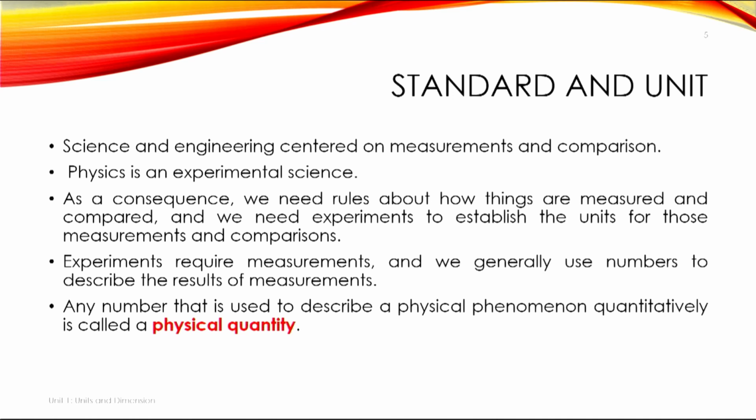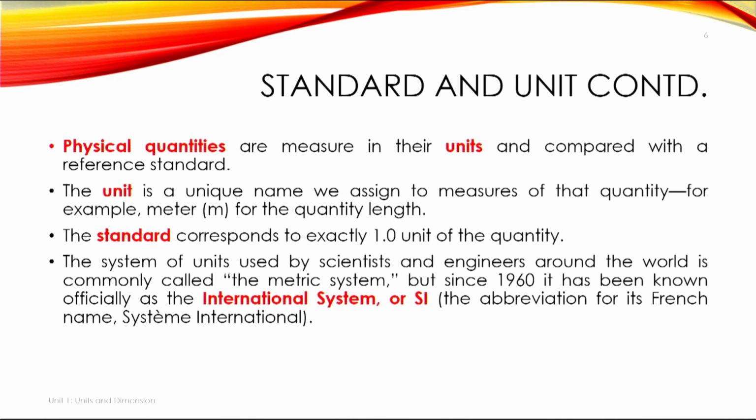Experiments require measurement, and we generally use numbers to describe the result of measurement. Any number that is used to describe a physical phenomenon quantitatively is called a physical quantity. So what are physical quantities? Physical quantities are measured in their units and compared with a reference standard.